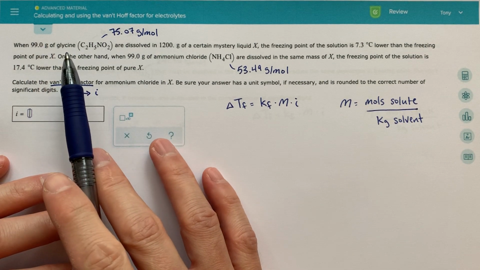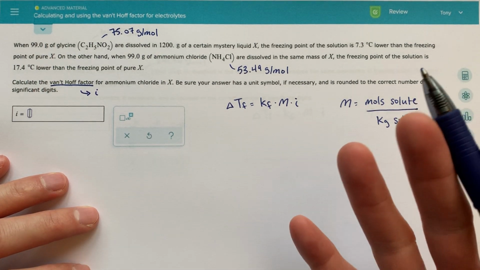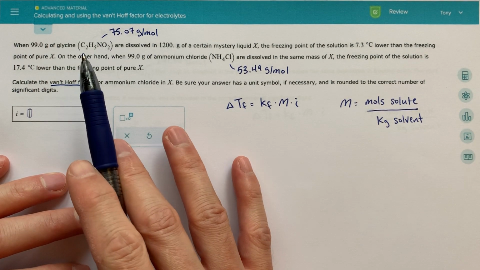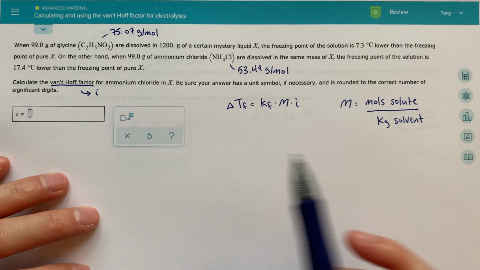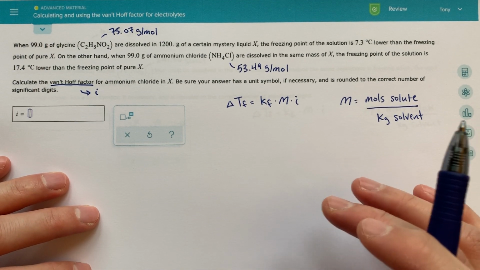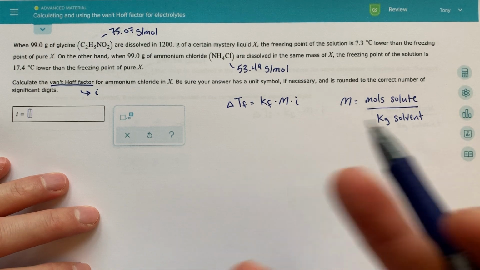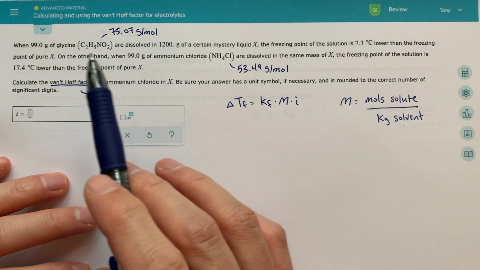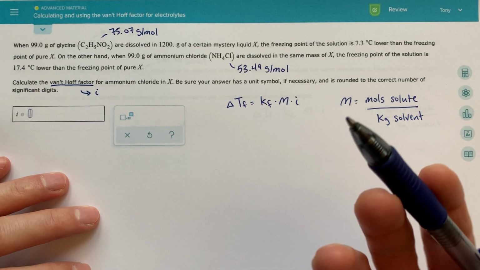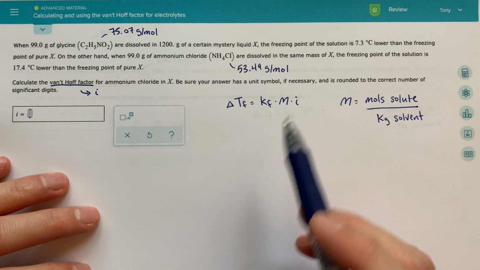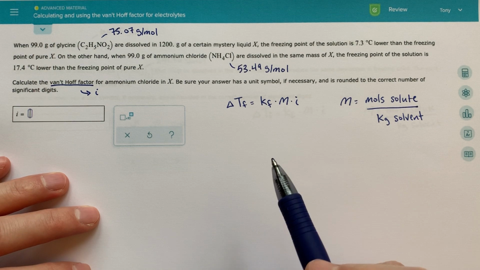Whereas if I dissolve glycine or another sugar, basically any molecular compound, it's not going to dissociate. Urea is one that we're going to see, I think. It's not going to break up into constituent parts. It's just going to stay together as one piece. So in that case, the Van Hoff factor will be 1. So we don't really need to worry about it in this colligative property freezing point depression equation.